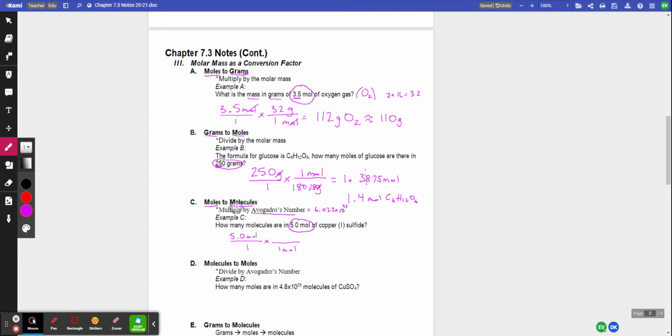And we're trying to find molecules, so those go up top. Okay, and again, the number of molecules per mole is Avogadro's number. Okay, and so that is going to give us an answer of about 3.0 times 10 to the 24th molecules of copper 1 sulfide. That's Cu2S.